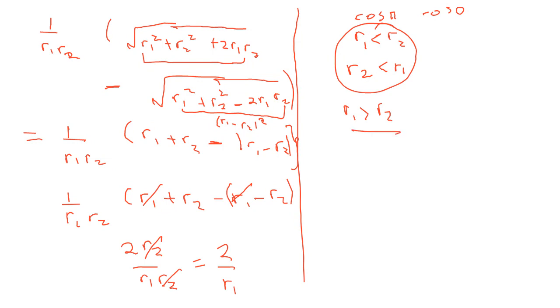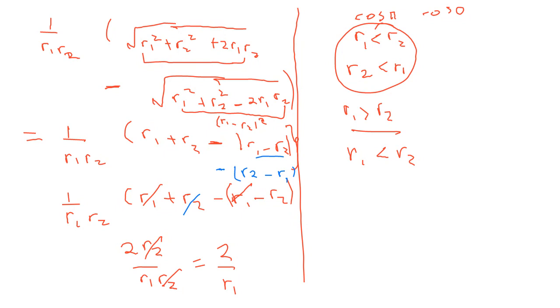Similarly, the other case, which was r1 smaller than r2, you can do the same thing, right? The only difference, let me use a different color. The only difference is that now that mod there gets to be replaced by r2 minus r1, right? It's a minus, and now the terms that will be cancelling will be that r2.